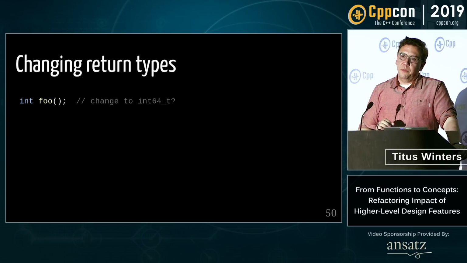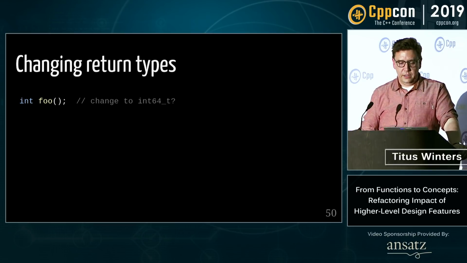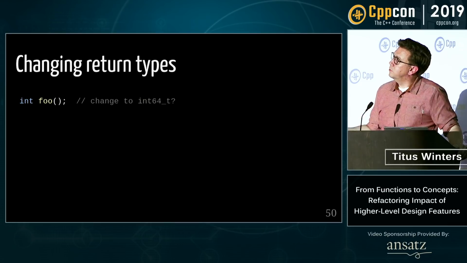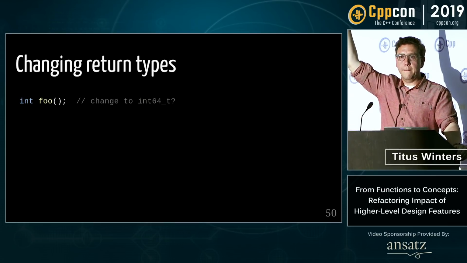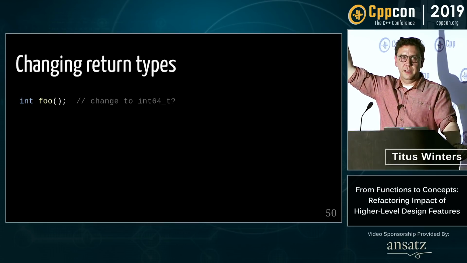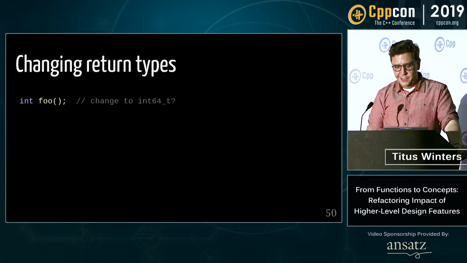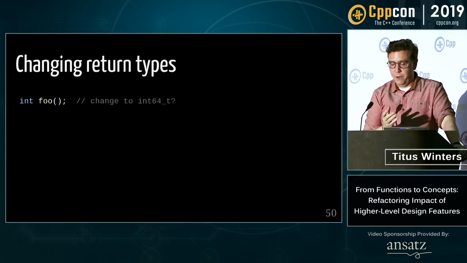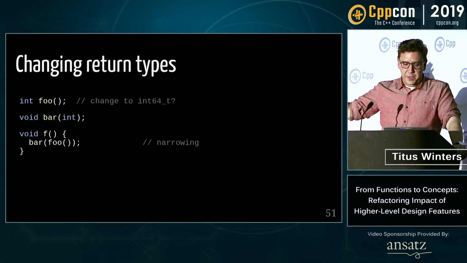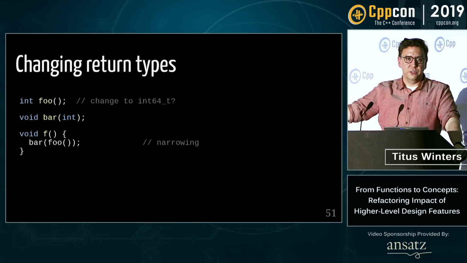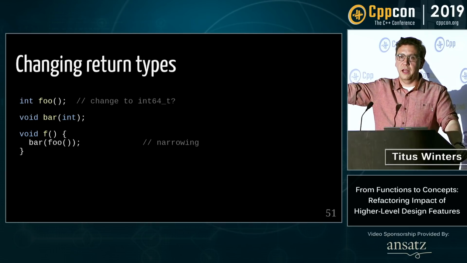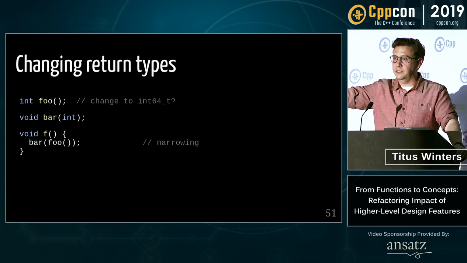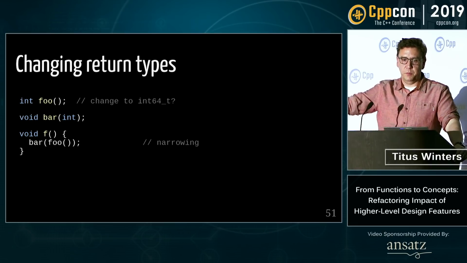But if you're changing something more than void to other things, it's sometimes harder. Can we change int to int64_t? Anyone think we could do that cheaply? Nobody is foolish. In the case of widening an integer type, or numerics in general, no. Because the output of one function is the input to another function, right? And so a simple call chain like this is a narrowing problem, and depending on your compiler settings, hopefully this becomes a build break.